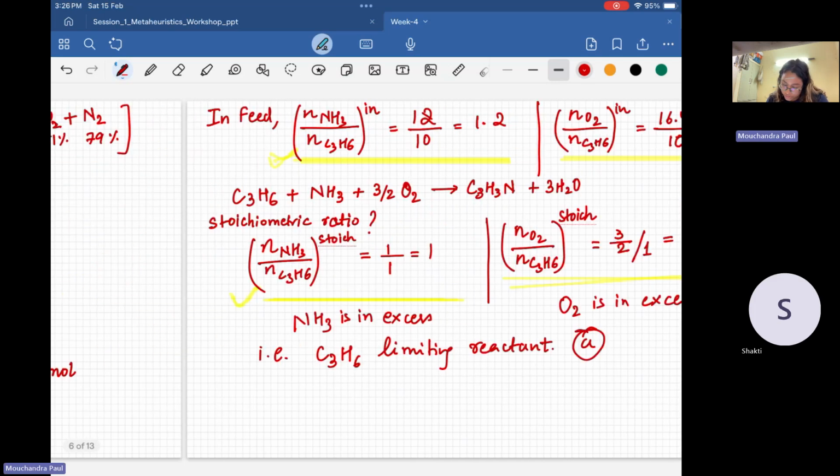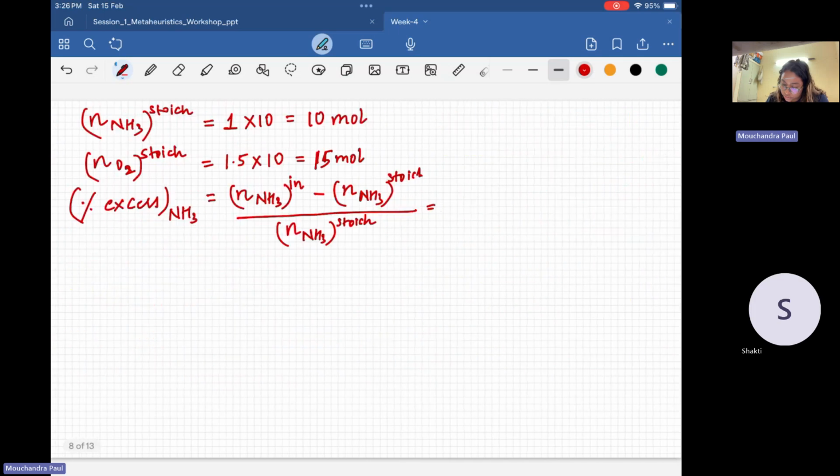In the feed, we are given 12 moles. We need stoichiometrically 10 moles, times 100. So there is 20% excess ammonia.